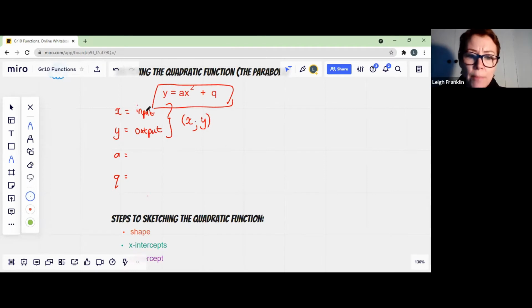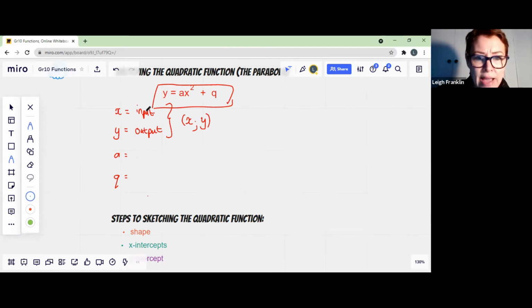Remember when we're going to plot a graph, we need to make a point on the Cartesian plane. So finding a point on the Cartesian plane means knowing what the X and the Y are. So they stay as X and Y because these values change depending where on the line we are. Now, A and Q are not defined by variables, right? A and Q are actually defined by numbers, by constants, right?